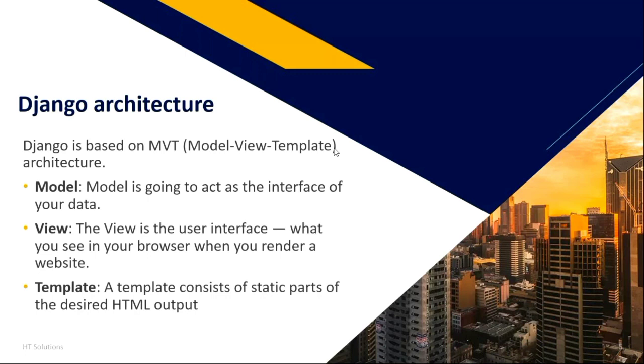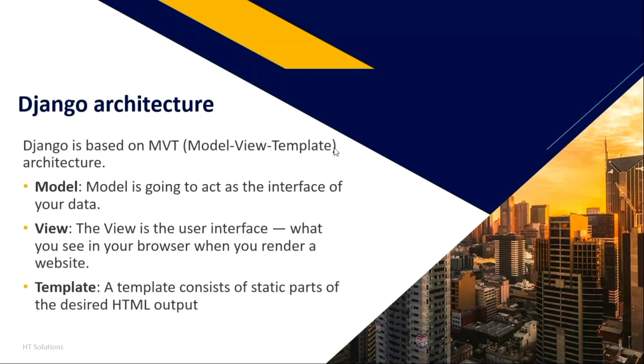So, what is meant by model? Model acts as the interface of your data, and it is responsible for maintaining the data. It is the logical data structure behind the entire application and is represented by the database. Generally you can take a relational database such as MySQL or Postgres.